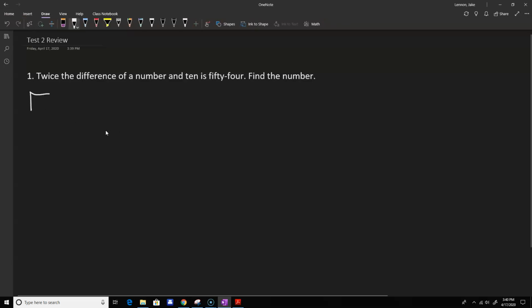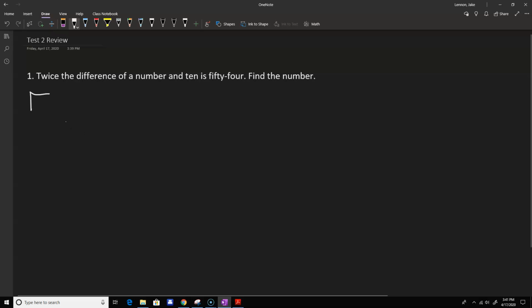So the first one, we have twice the difference of a number and 10 is 54. Find the number. So remember, when you have an unknown number, basically that's what you're going to treat as your variable x, and "is" typically stands for equals.